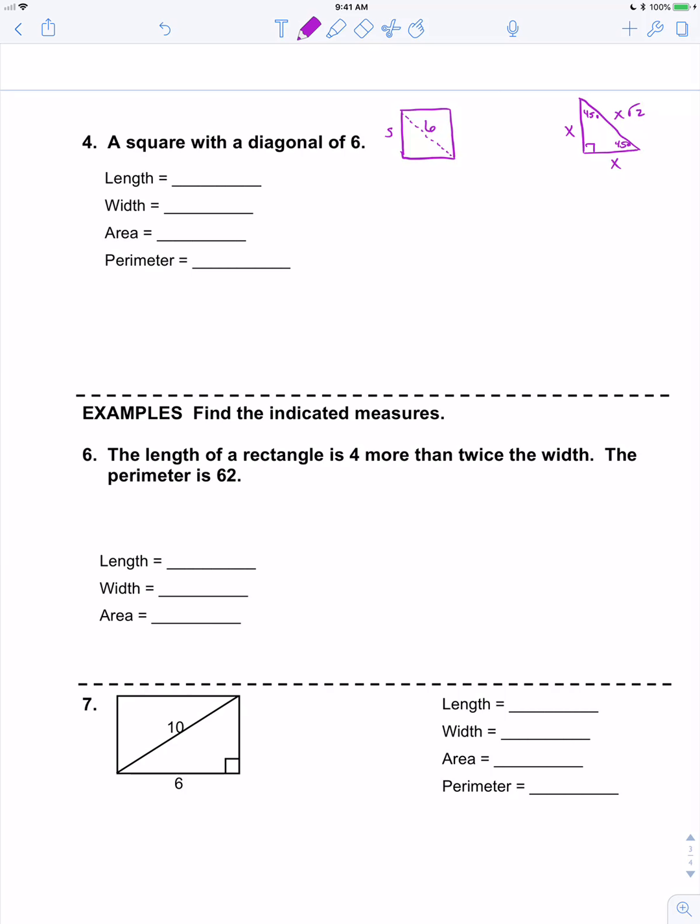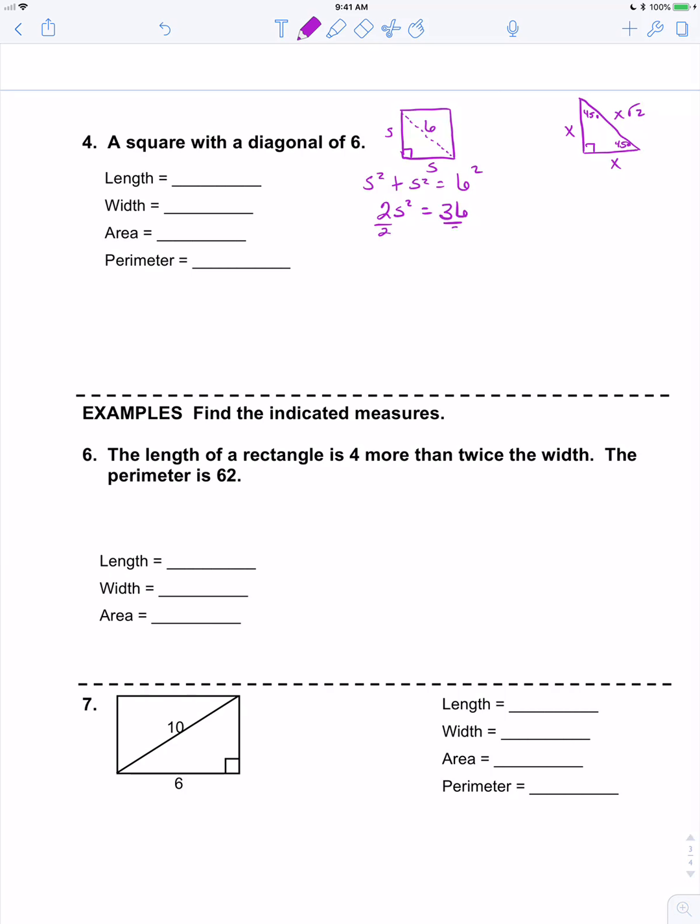So remember, this is one of our side lengths. This is a side length all the way around. So remember our Pythagorean theorem that says if I take one side of the triangle and square it plus the other side of the triangle and square it, that's equal to the hypotenuse squared. Well, if I've got side squared plus side squared, that makes 2 side squared is equal to 6 squared, which is 36.